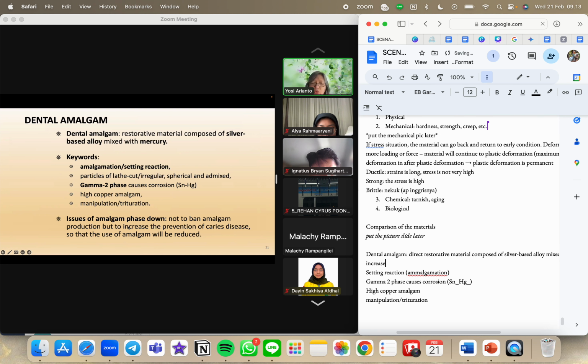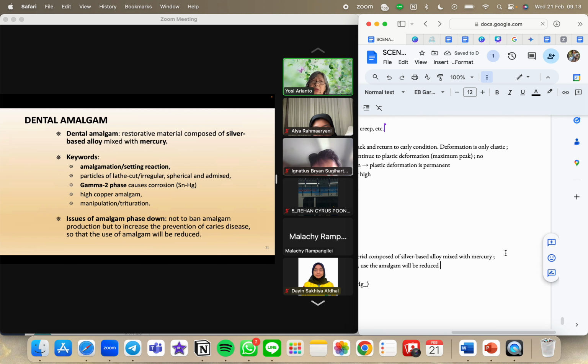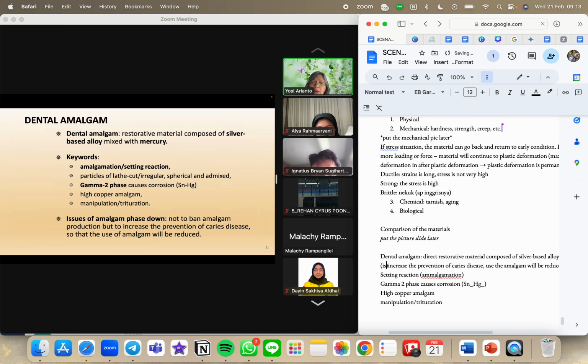And also the issue from the Ministry of Health in Indonesia, they already gave some information that we are not using again the health devices which contain mercury. But in dental amalgam, phase down means that there is no ban in using amalgam production.